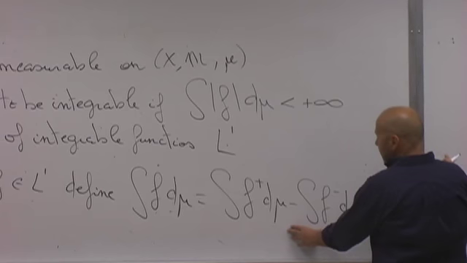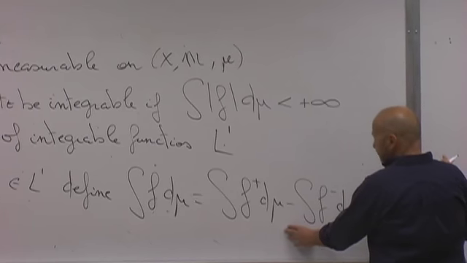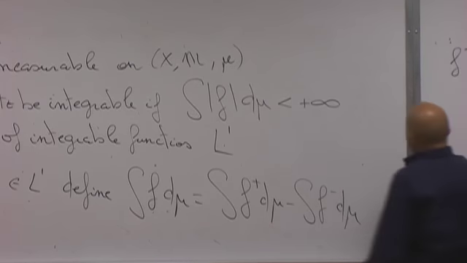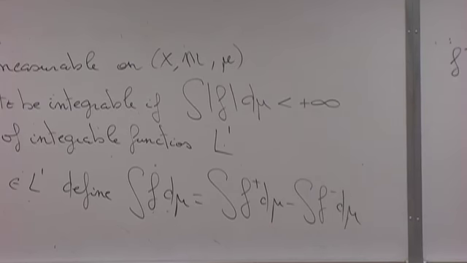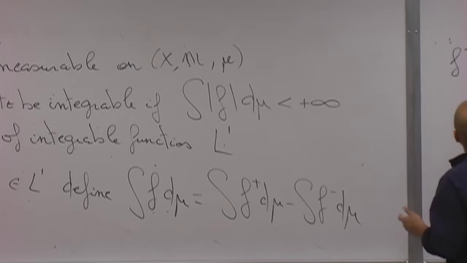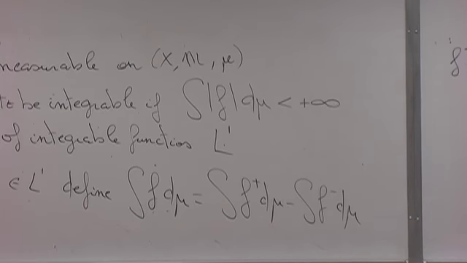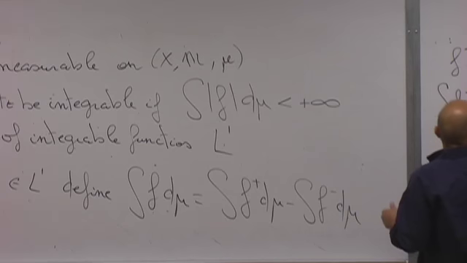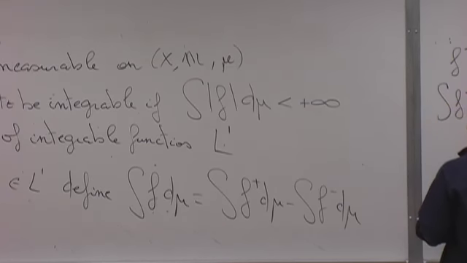But it's easy because of the following. f plus is either f or 0, the largest one of the two. So f plus is less than the absolute value of f. Therefore, the integral of f plus, which is a positive function, is less than the integral of the absolute value of f, and we're assuming this to be finite.